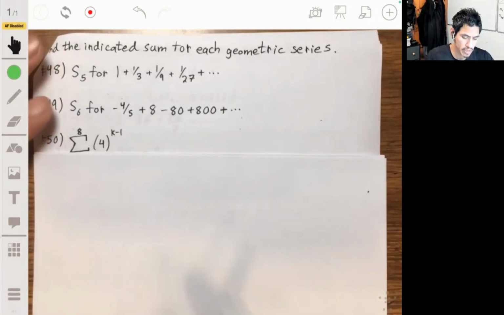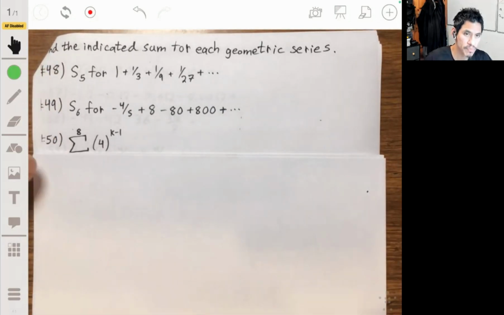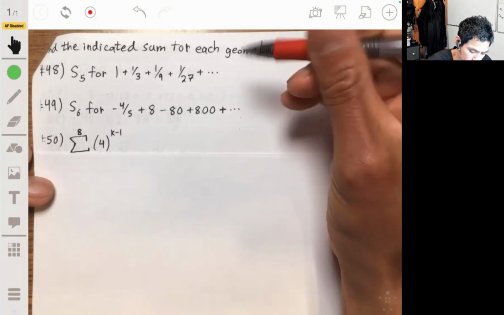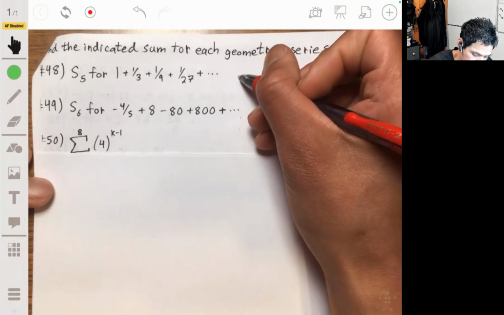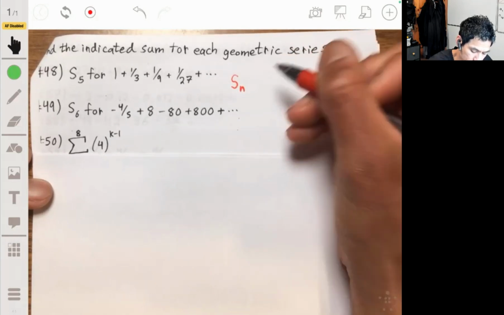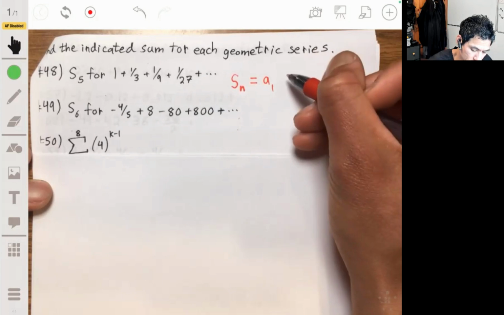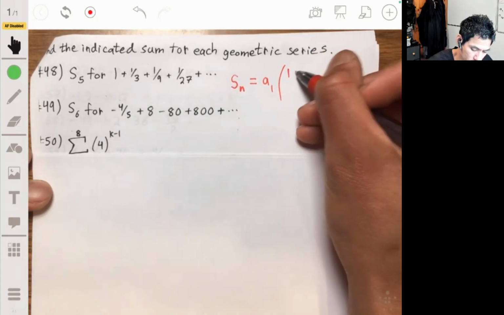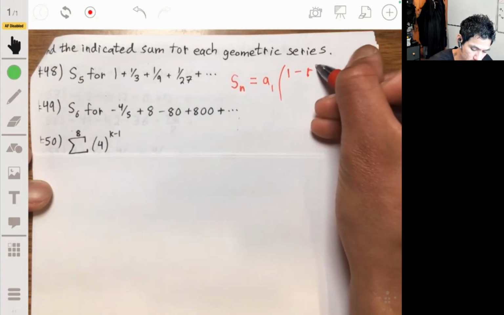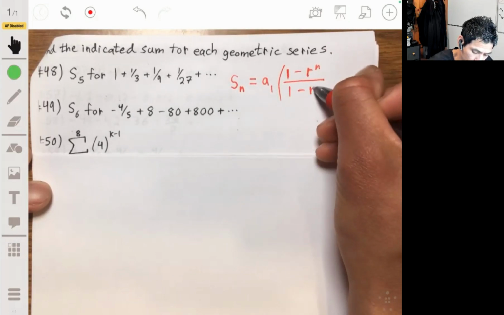All right, so now we're going to look at finding sums of geometric series, and we're going to look at n partial sums. So for this, we're going to use this equation where the sum of the first n terms is going to be equal to a1 times 1 minus r to the n over 1 minus r.